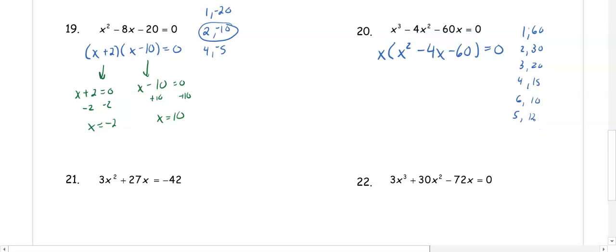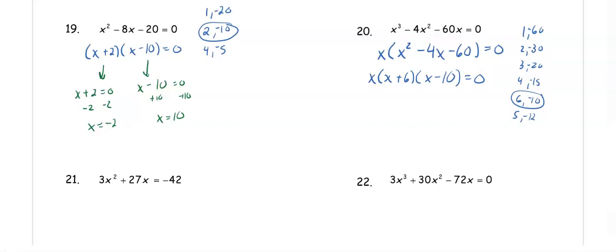So we're multiplying to a negative and adding to a negative, so our bigger number is the negative. So 6, negative 10 is what's going to add to negative 4. So we're going to have x times x plus 6 times x minus 10 equals 0.